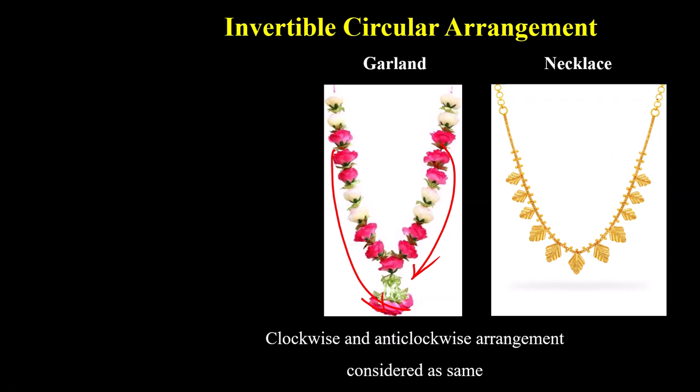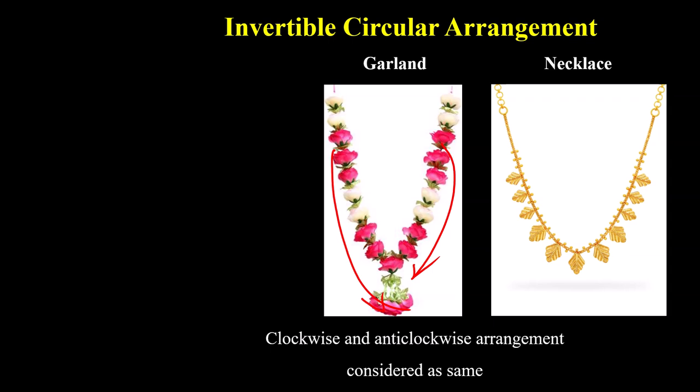Here rings, here chain, then there is some design on the right side, and the same design on the left side, symmetric. When it is symmetric, meaning clockwise and anti-clockwise both look the same, and it is circular, then it comes under invertible circular permutation. Then what is the extra thing, sir?